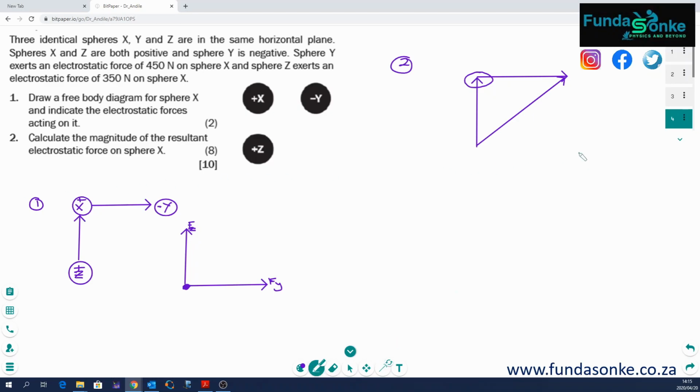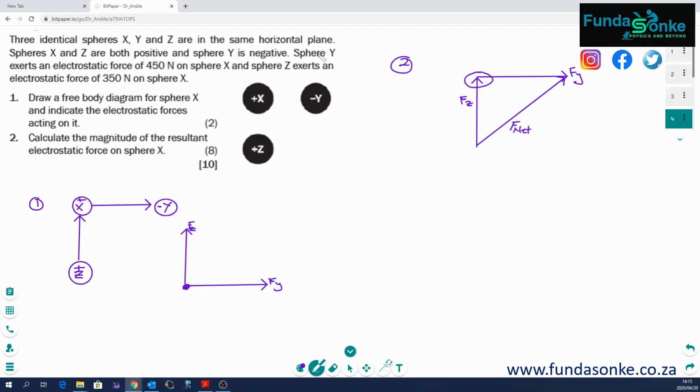Okay, so that then this is our force net acting on X. Remember, this is our force Z, and this is our force Y acting on X. Okay, and we're given the values in this case.